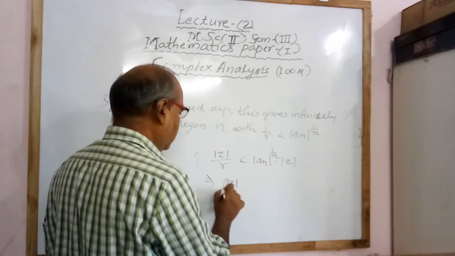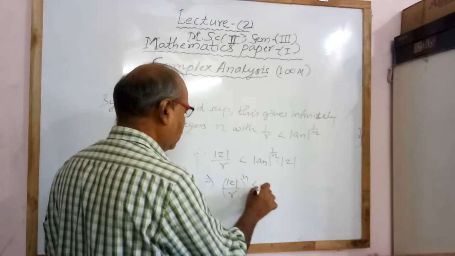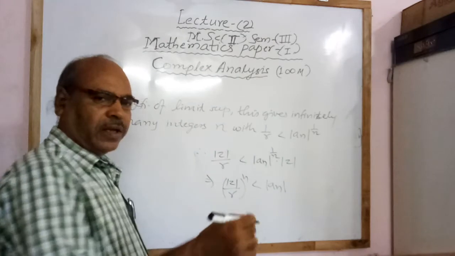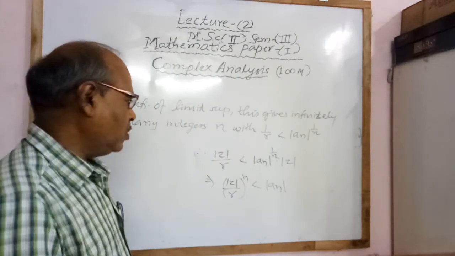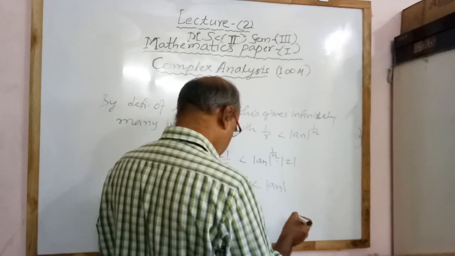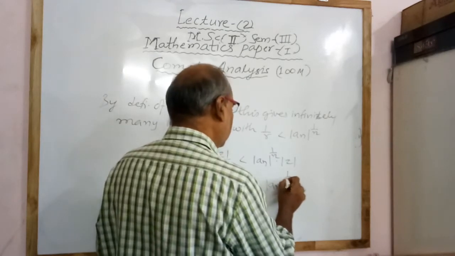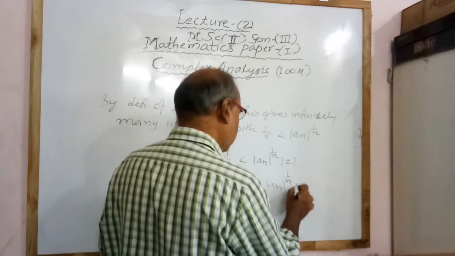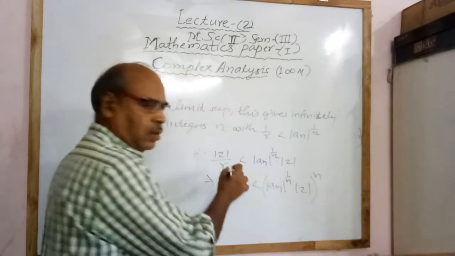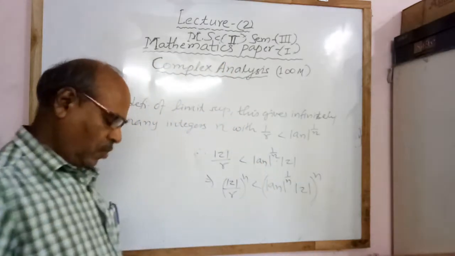Therefore, (mod of z divided by r) to the power n is less than mod a_n, since the power 1 by n and the power n cancel. We have taken the power n on both sides of the equation.